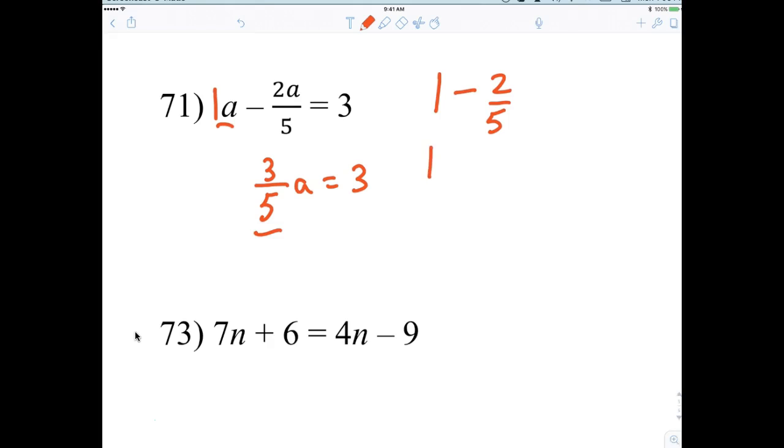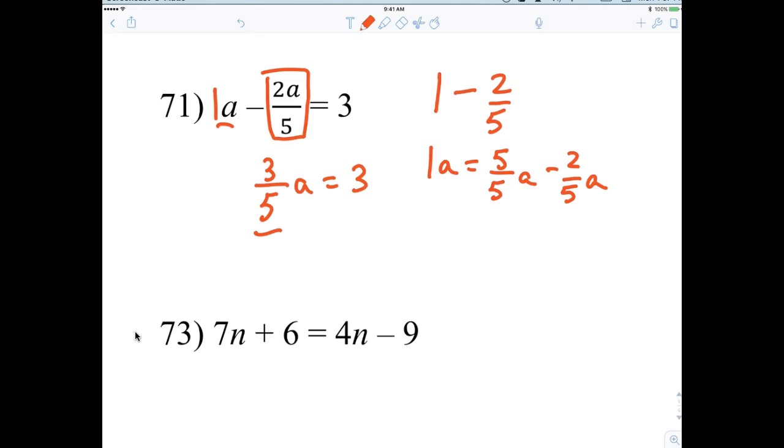1a, please watch, is the same as 5/5 a minus 2/5 a. This right here can be written a little bit differently. Does everybody see that now? That's why you need to pay attention closely.